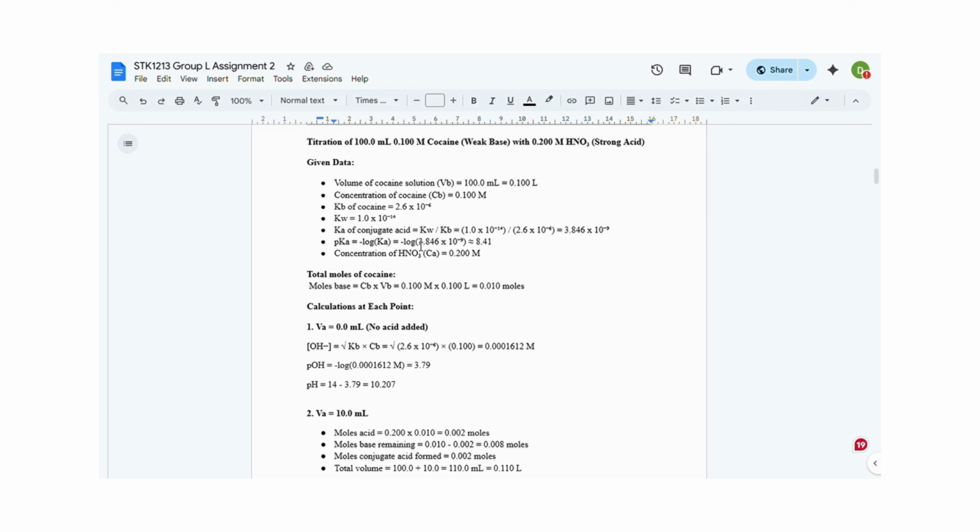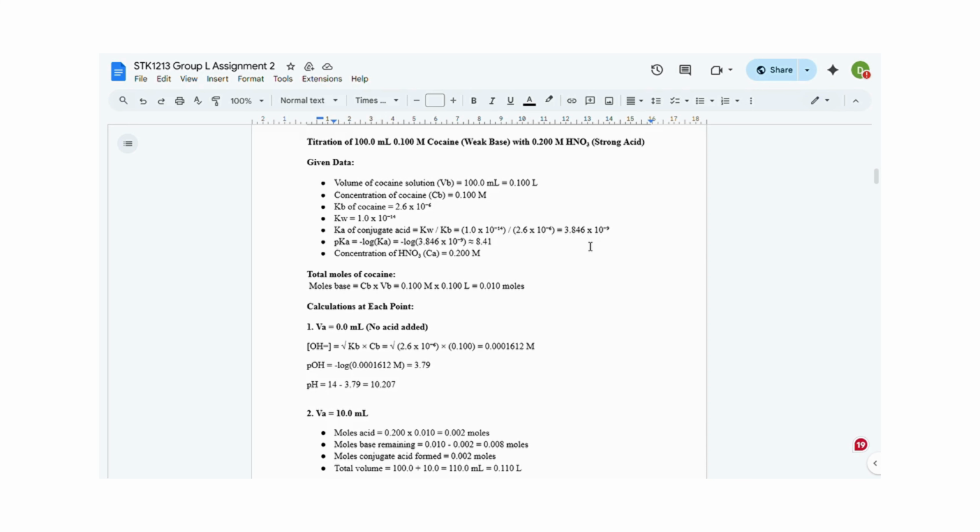Therefore we need to find the acid dissociation constant. So how? We need Kw divided by Kb. So Kw value is always the same, 1.0 times 10 to the power of -14, and then divide by Kb.